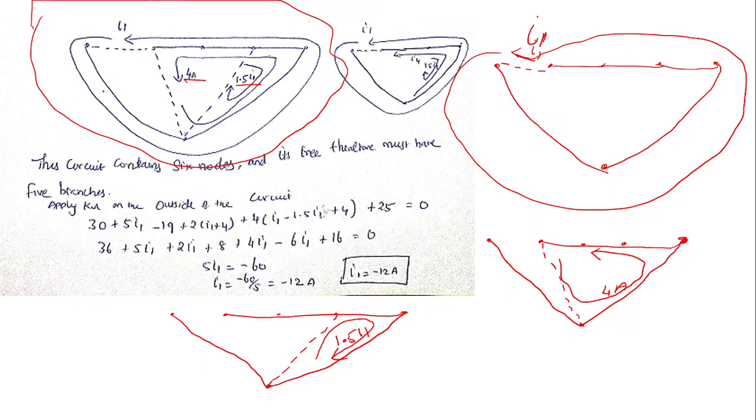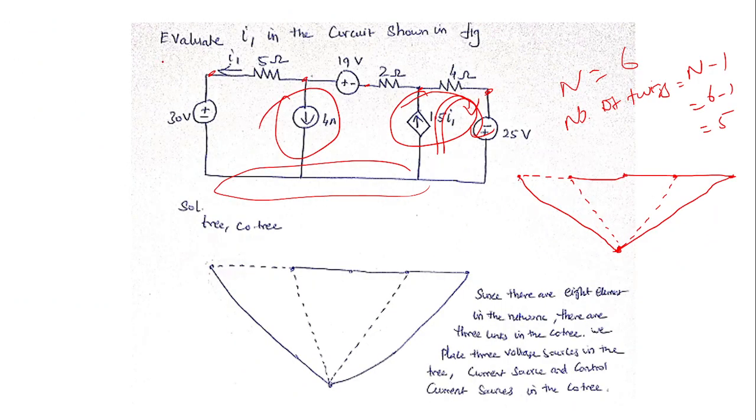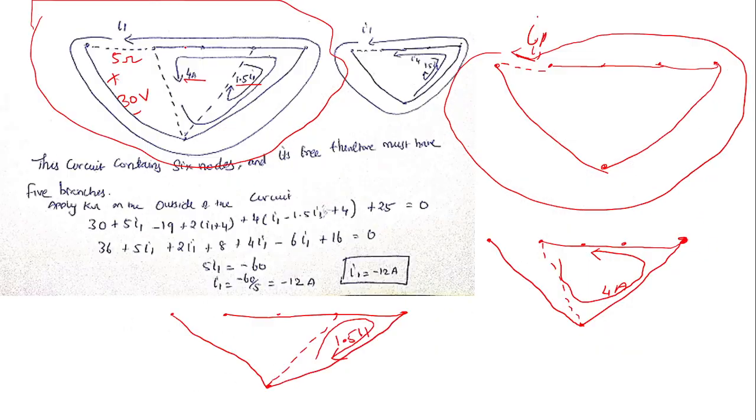Before that I will be mentioning all the voltages. So it is my 30 volt and here we have 5 ohms. And the rest I will just look at and write. And 19 volt, so plus minus 19 volt.